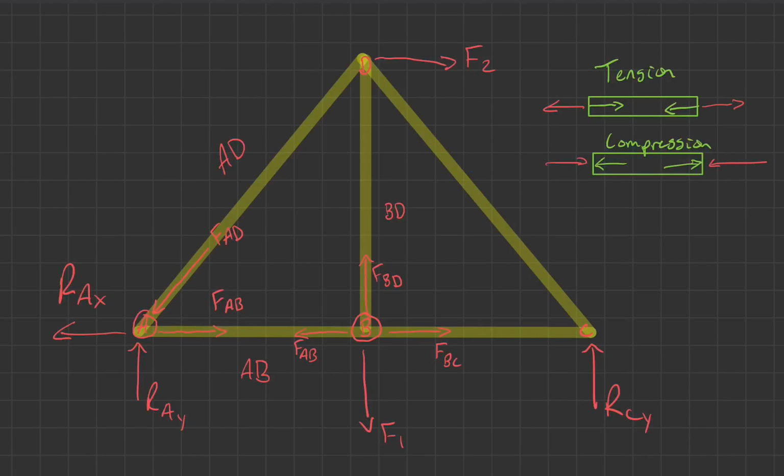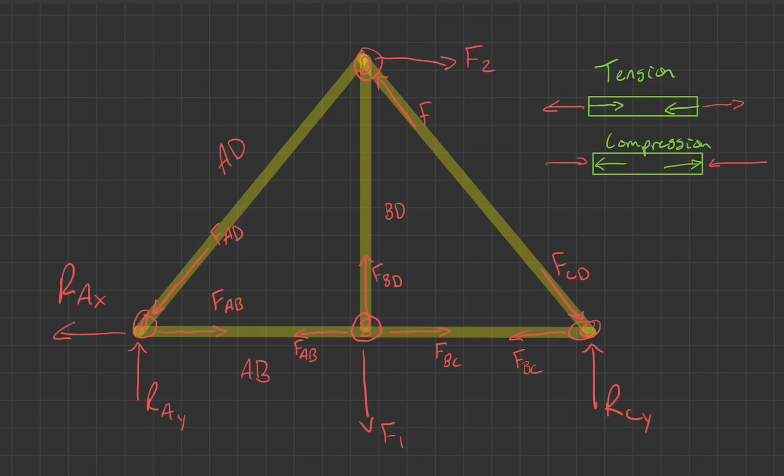Then we can take a look at C. We've got RCY going up here. We already know that we have to have force BC going this way. We've got one going up, one going to the right. So why not have one going to the left, one going down and to the right, and call that force of CD. Okay. And then we move up to our D joint, flip that force back up there. This member looks like it's in compression, so that means we can add an arrow going towards D there.